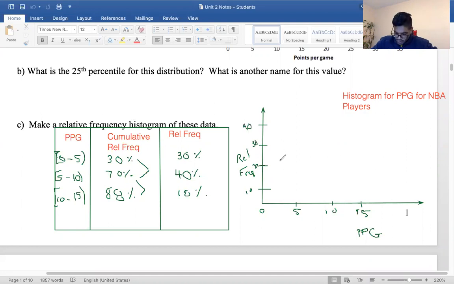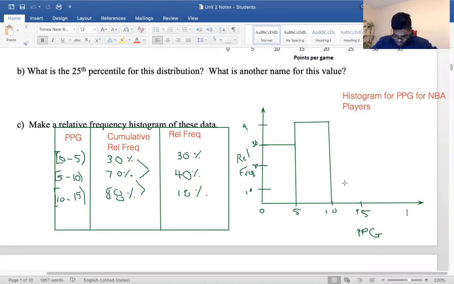Now from 0 to 5, we had 30% relative frequency. So we have a little histogram bar like this. And then the next one, relative frequency is 40%, so we have something like this.